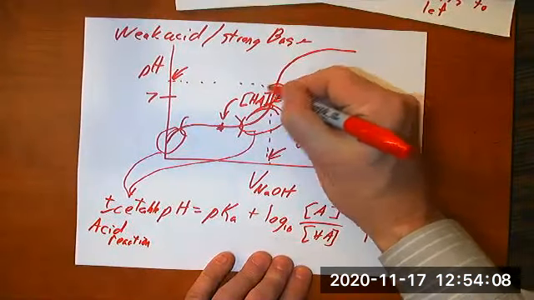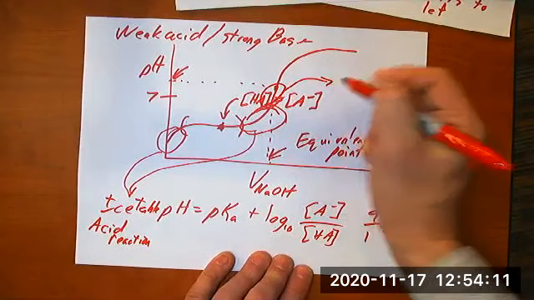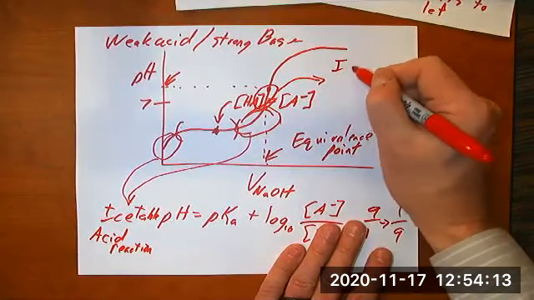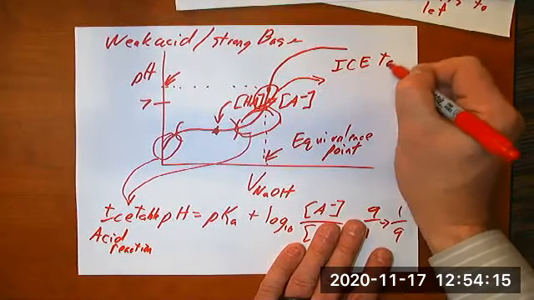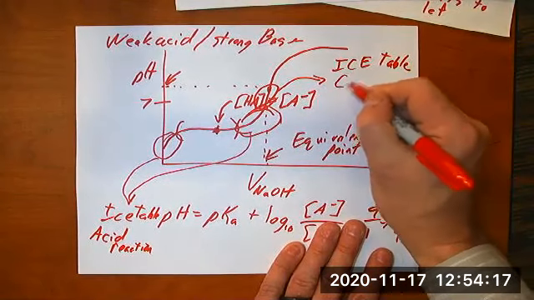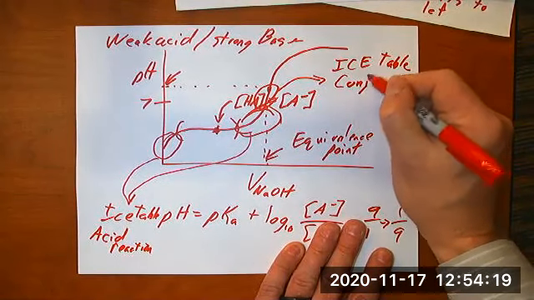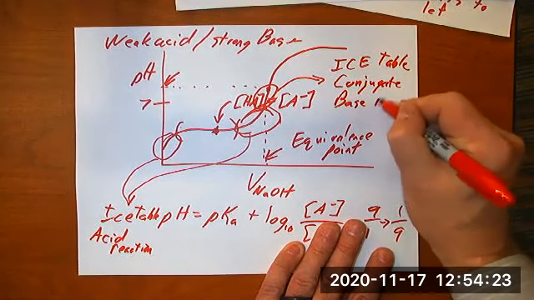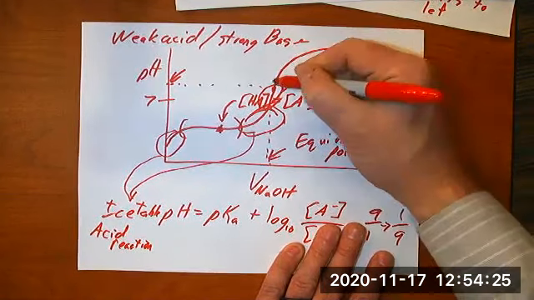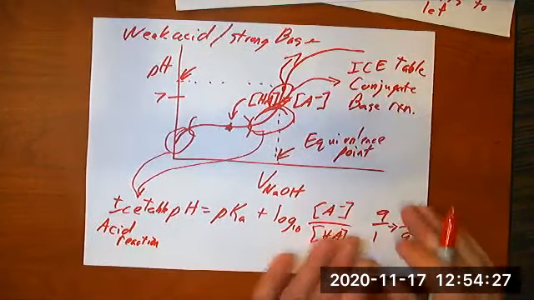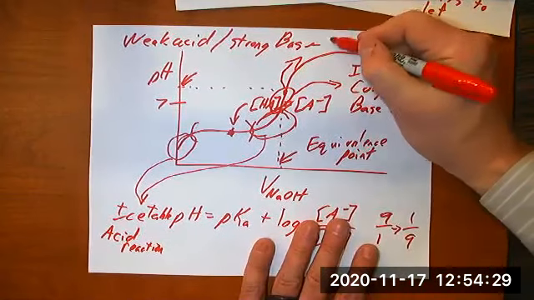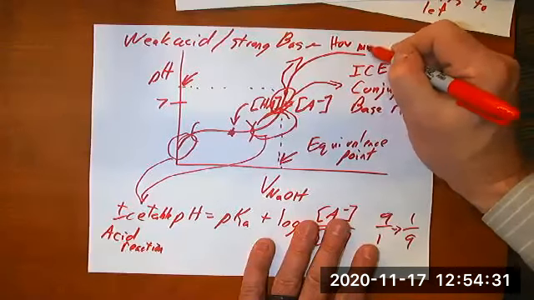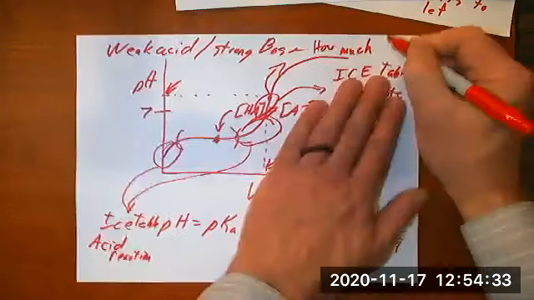Between 7 and the equivalence point, you need to do an ice table for the conjugate base reaction. Above the equivalence point, all you need to know is how much excess base.